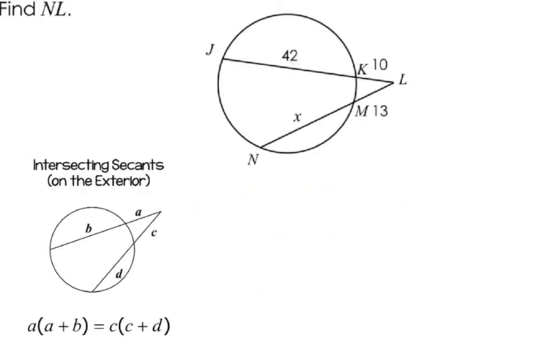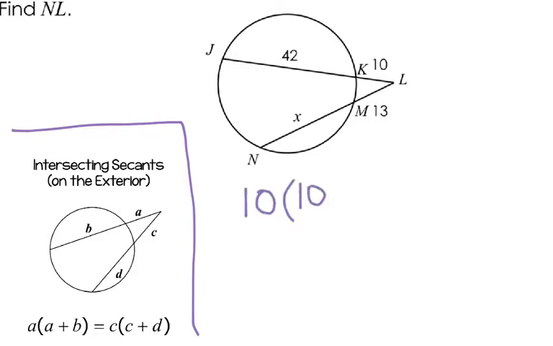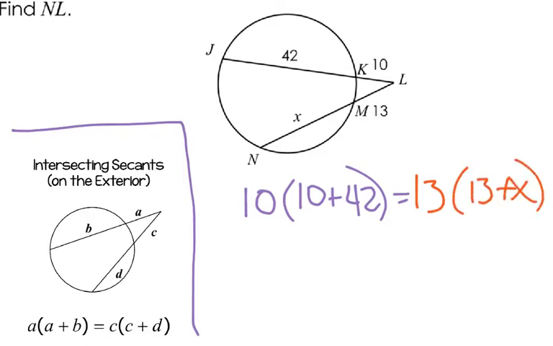Alright. Okay, so this time we're going to find from N to L. And then down here on the left-hand side, I put the formula that you would use. So pretty much just doing exactly what it tells you to. So 10 times 10 plus 42 has to equal 13 times 13 plus x. So that's how you set it up.